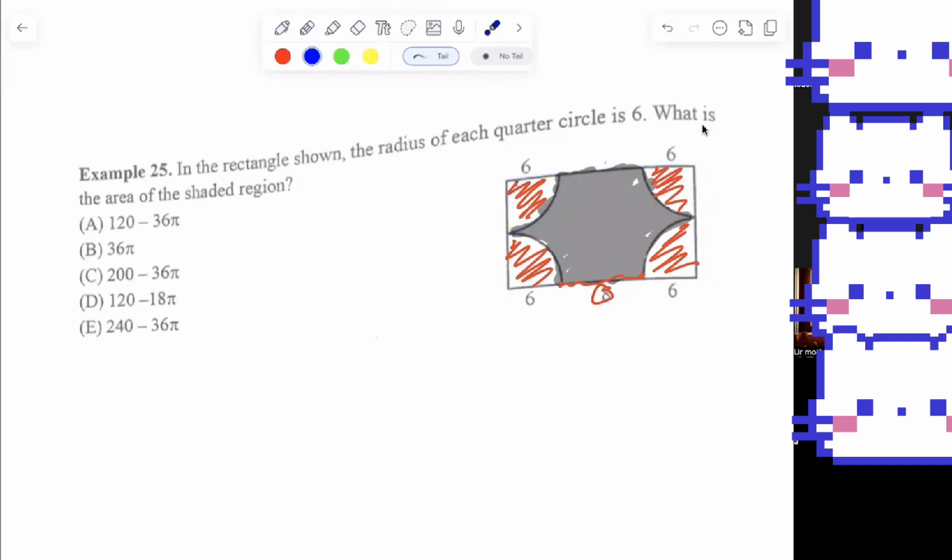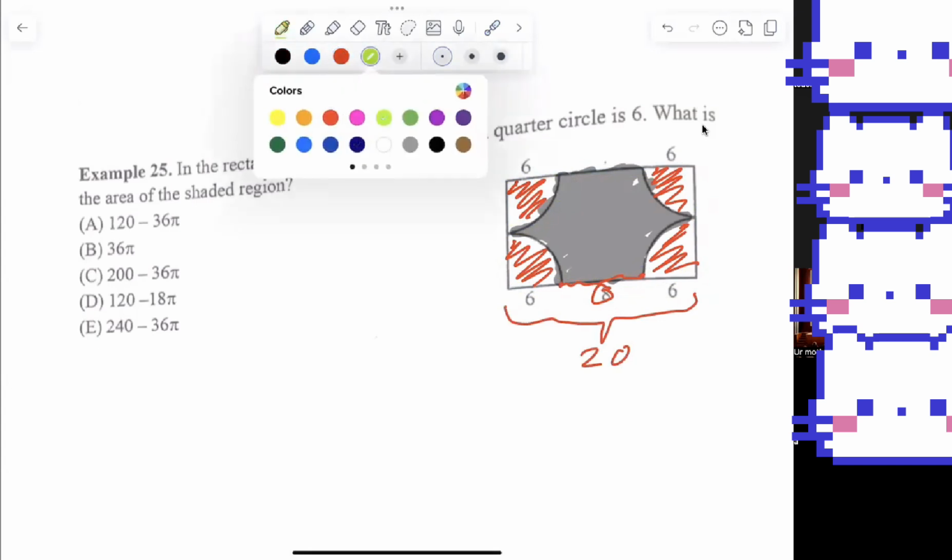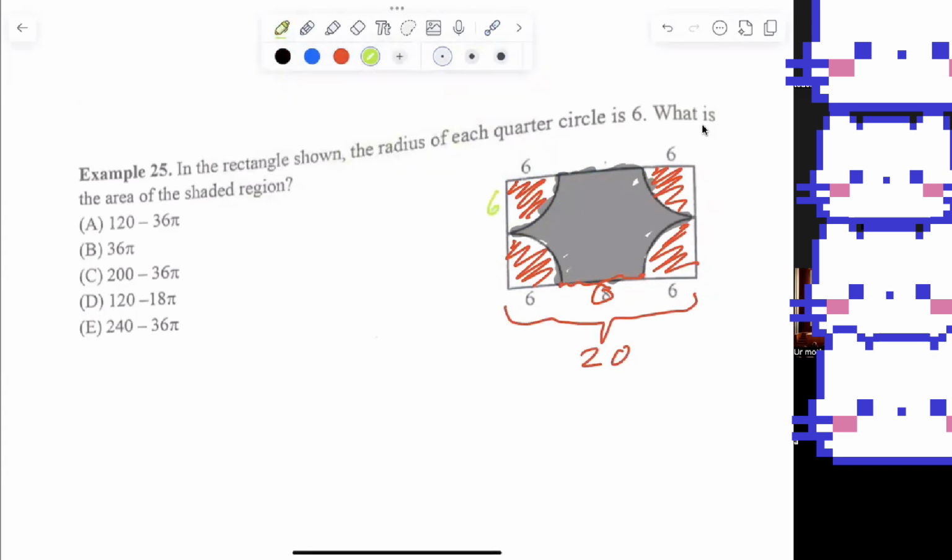In this case, the side length of this is 8, and the side length of this is 6. 8 plus 6 plus 6 is equal to 20. Now, this length is 6 and also 6, so this length is 12. Why? Because it's a radius.